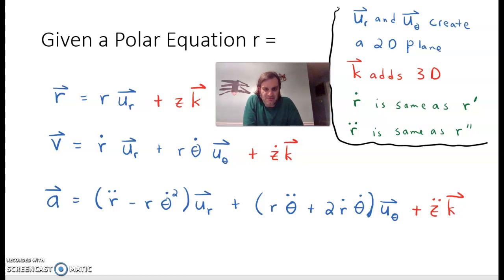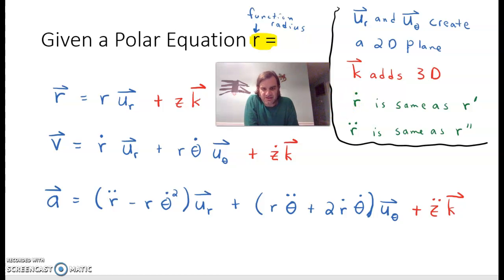So given a polar equation r equals, this is a function of theta. So r here is a function, or a radius if you like, but not a vector.